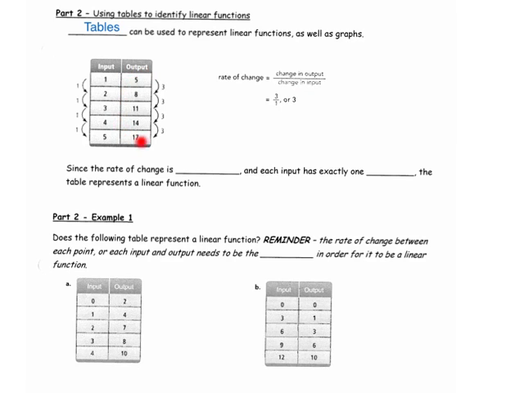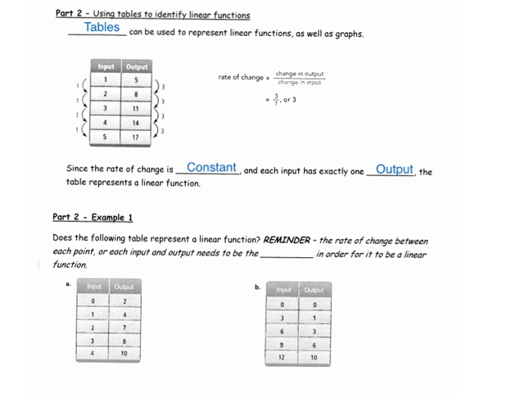Here you can see that all the y's go up 3, up 3, up 3, while all the x's go up 1. So the rate of change is 3 over 1. Since the rate of change is constant, each input has exactly one output. It represents a linear function because the rate of change was constant and because every x has exactly one y.